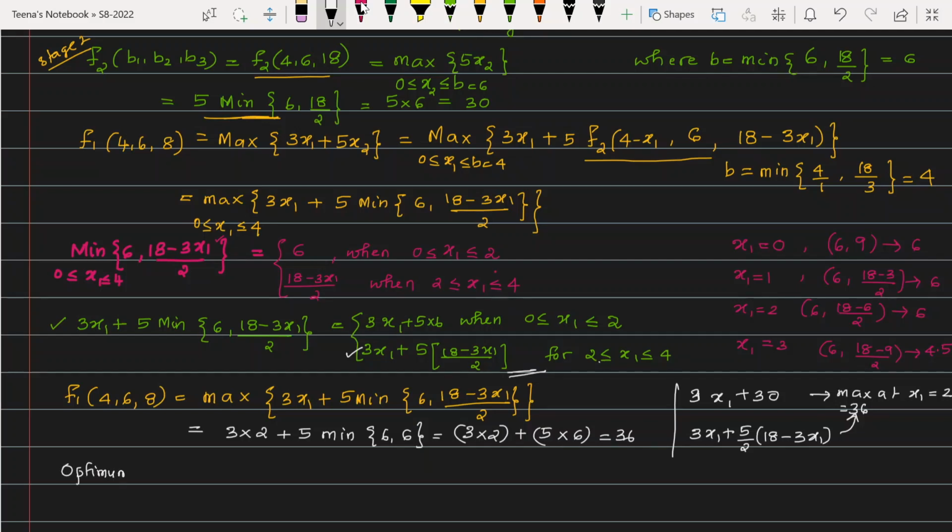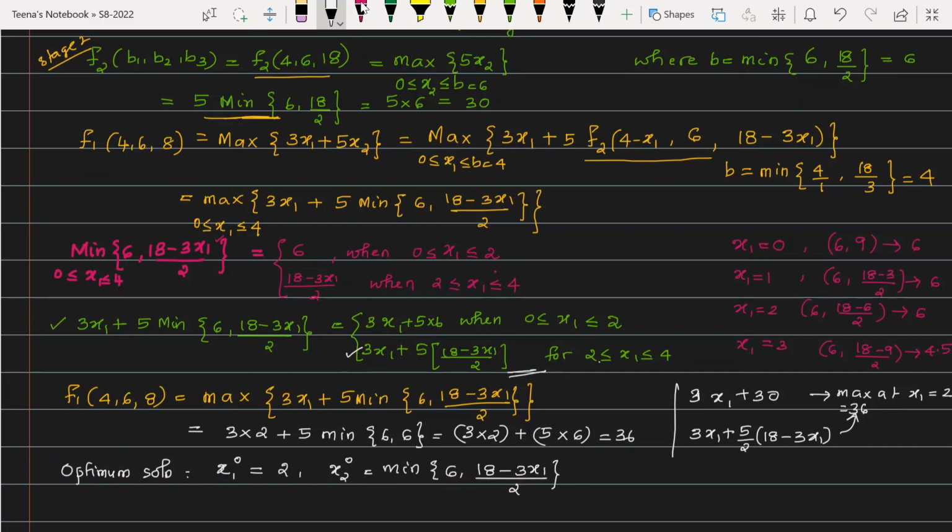Now let me write the optimum solution. Optimum solution is x1, x2. So here we have got the optimum value for x1. x1 is equal to 2. The optimum value for x2 is minimum of 6 comma (18 minus 3x1) by 2.